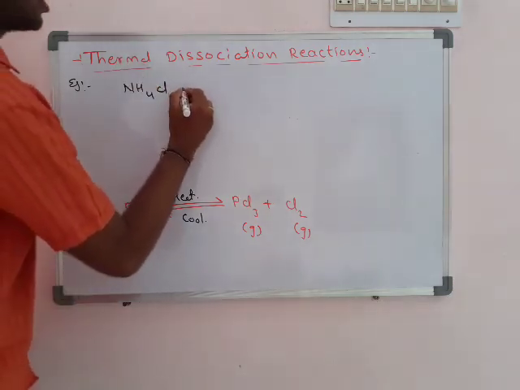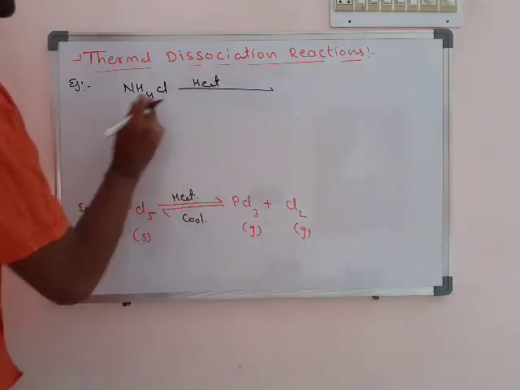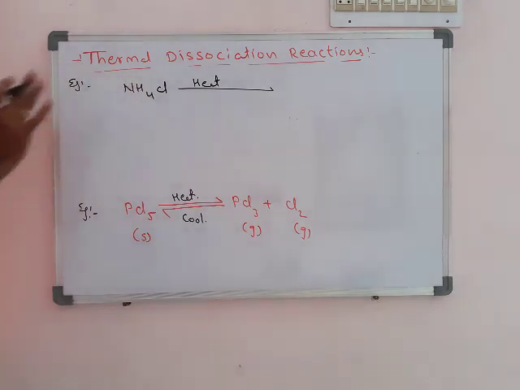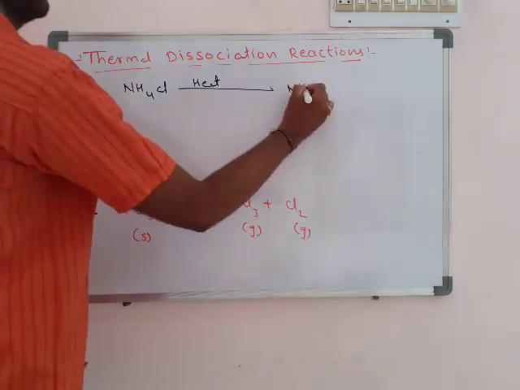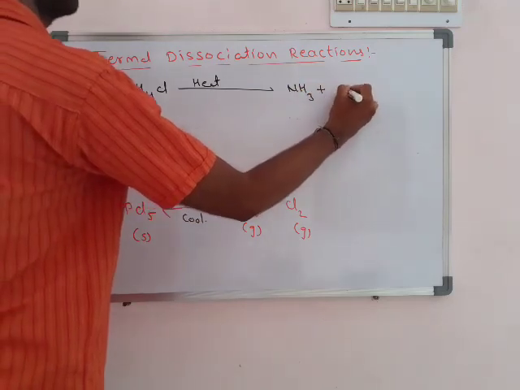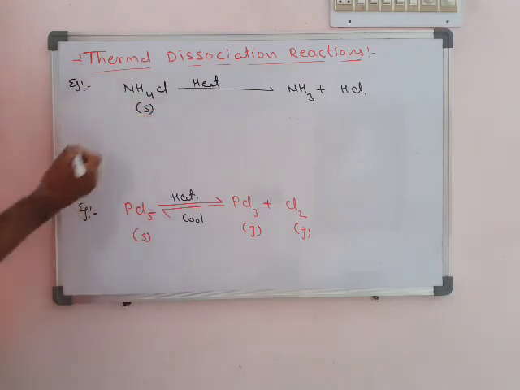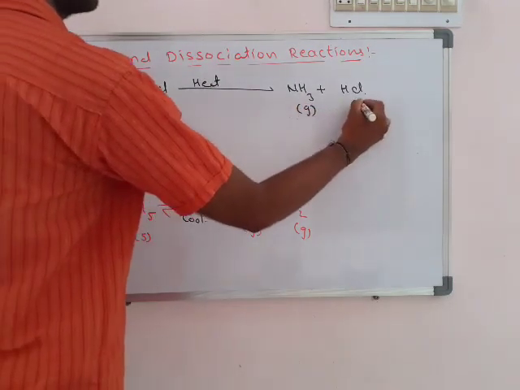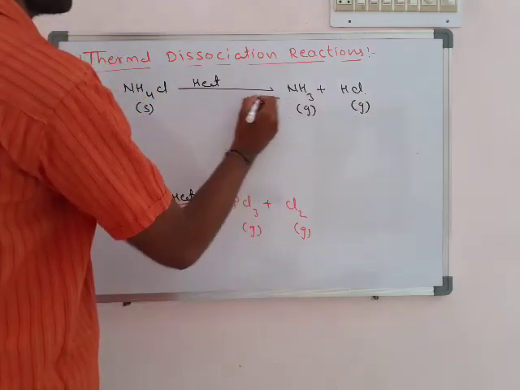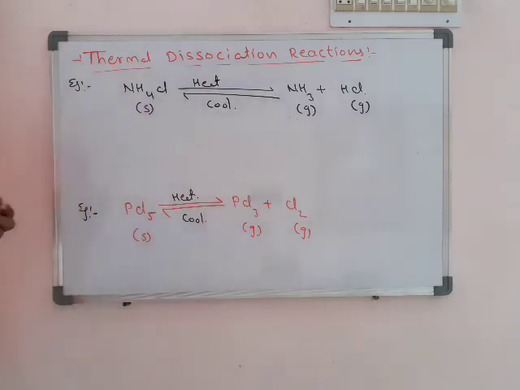On heating it forms ammonia and hydrogen chloride. I think it is already balanced. The reactant is in solid form, the products are gases. On cooling what happens? Again the reverse takes place.